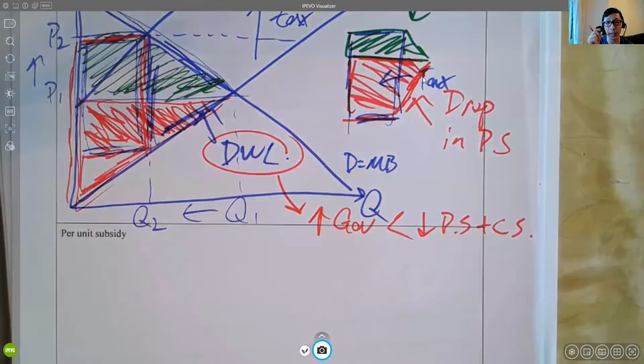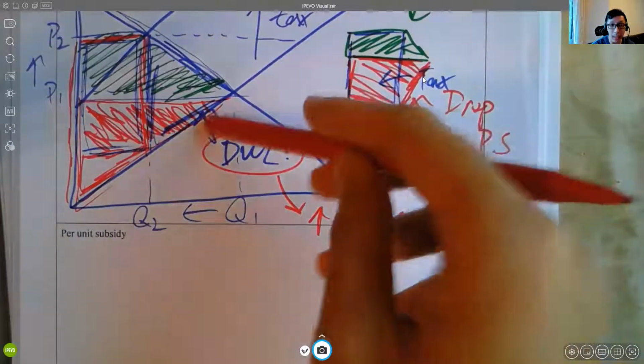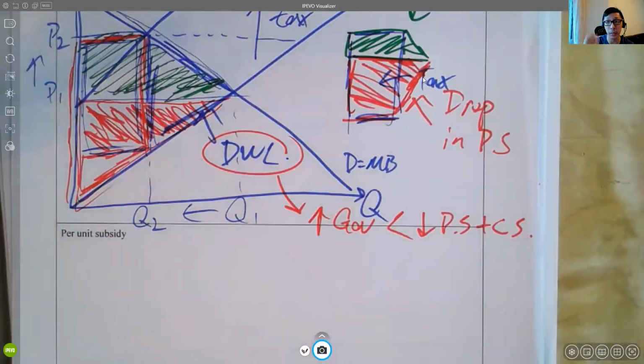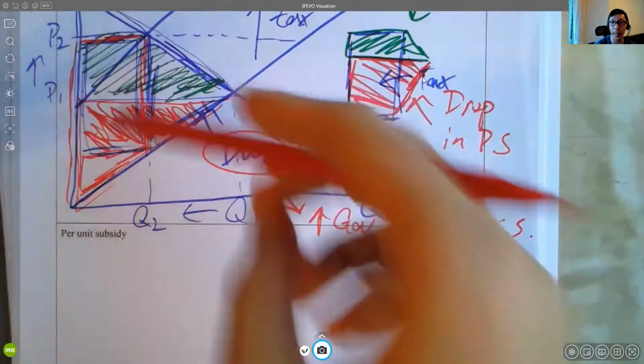Of course, I know this is very complicated. Now, don't worry. Later on, when we go to externality, there is actually another way to explain it, which, dare I say, will be much easier than what we have here. But it doesn't mean you do not need to understand this method, because in 2020, they actually set a question on this kind of area, chopping up the area.